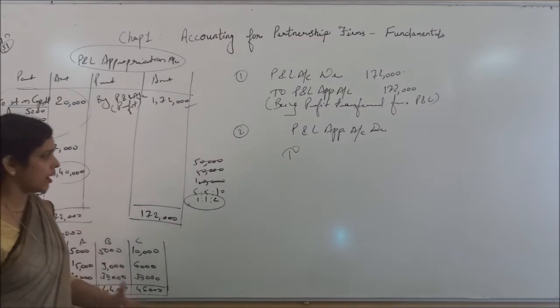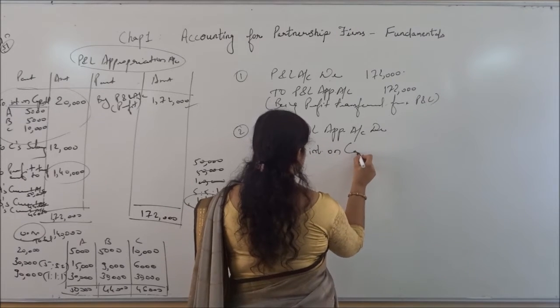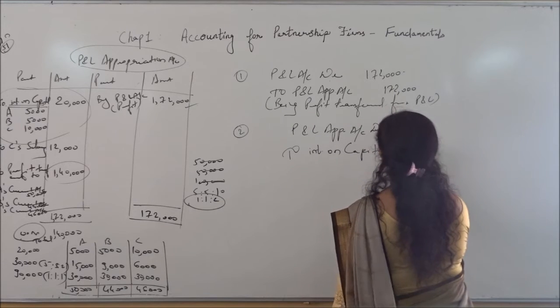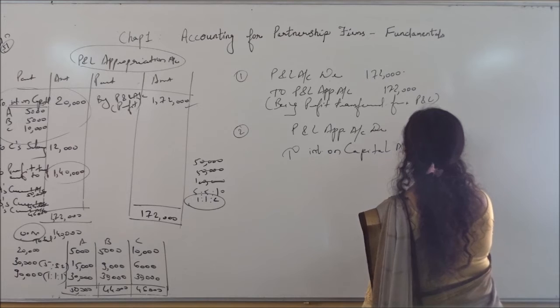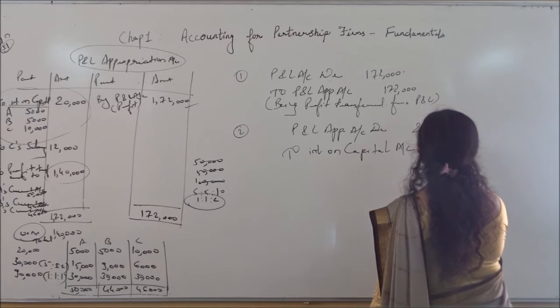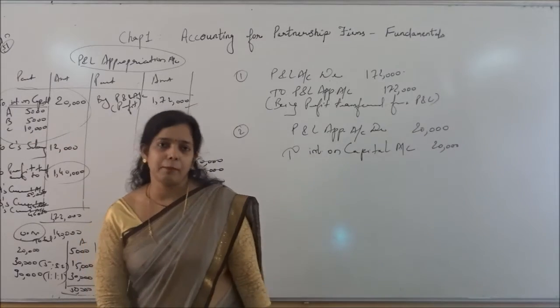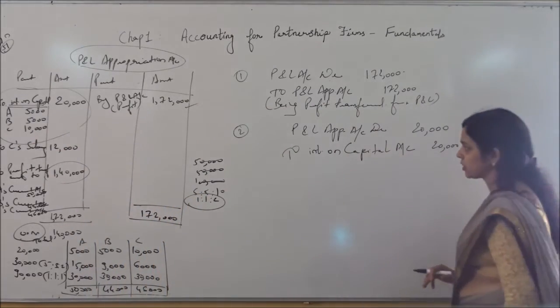Just write the main item. Write the total. You can see 20,000. We are not showing individually here. We will show these individual entries in the capital account, not in the P&L appropriation. Here we are directly taking the totals.